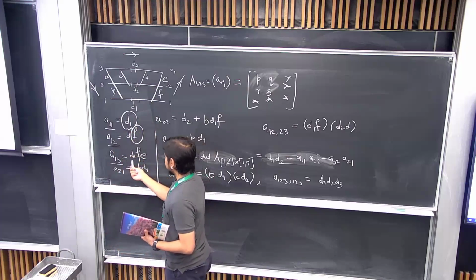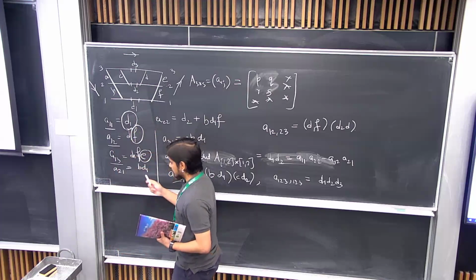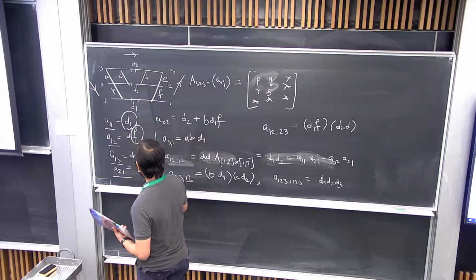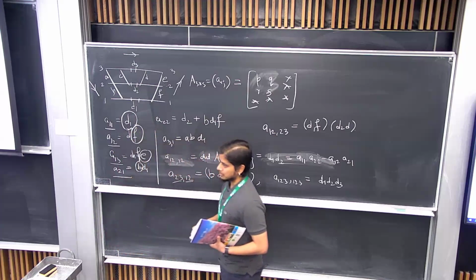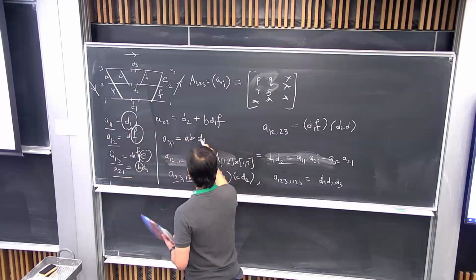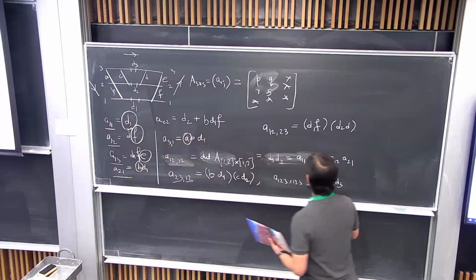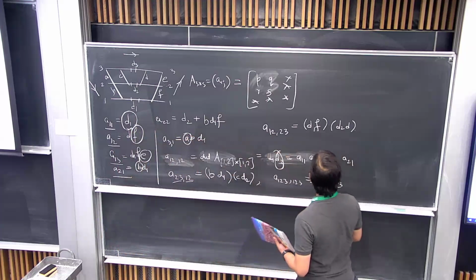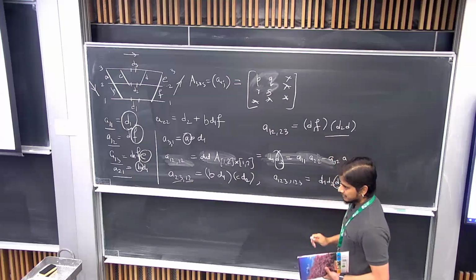Now, if this is positive, then E has to be positive. And so on. We continue. D1 is positive, so B has to be positive. Like this, here we'll have A positive. Here we'll have D2 positive. Here we'll have D3 positive, and so on.